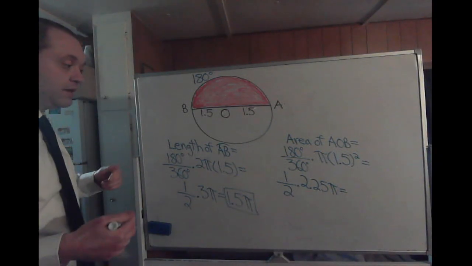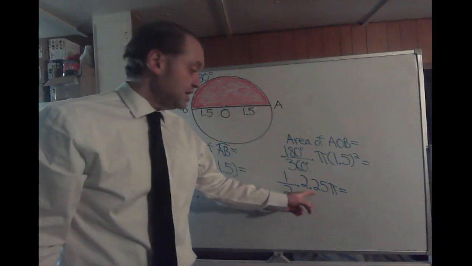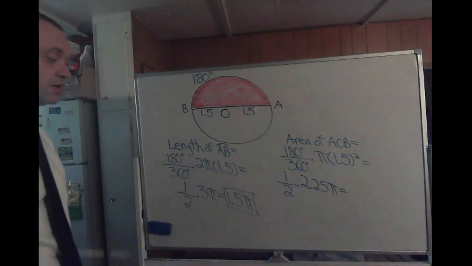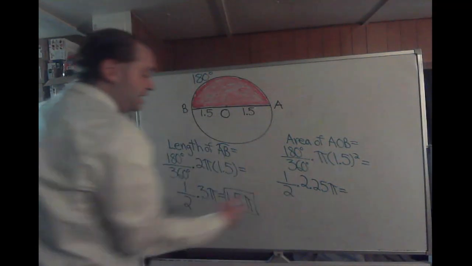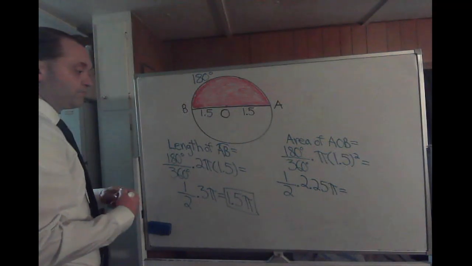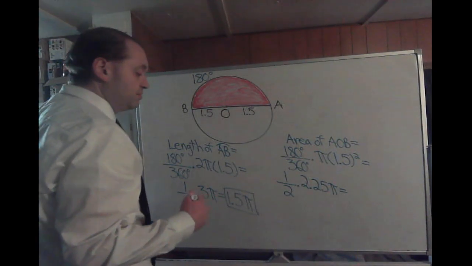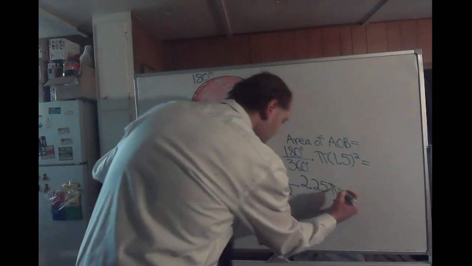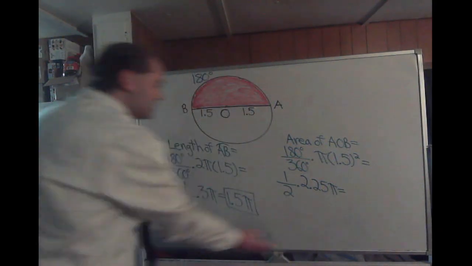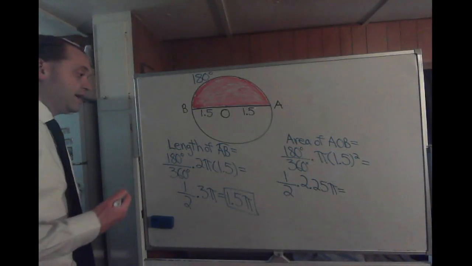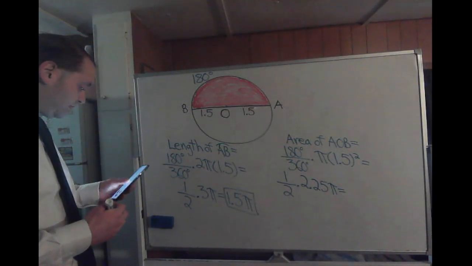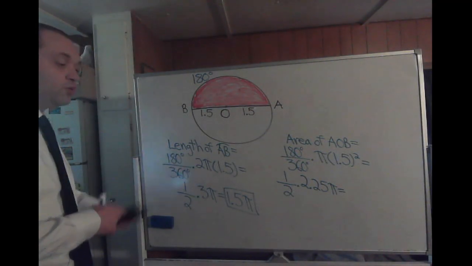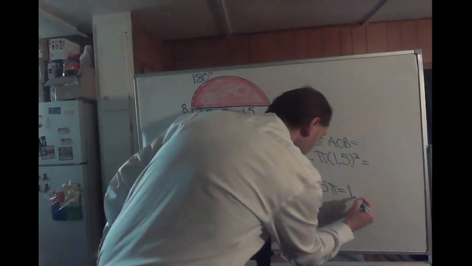It doesn't really matter how you want to do this. You might get several answers that are exactly the same. So it would be equal to, what is 2.25 divided by 2? We better just do that. It's 1.125.